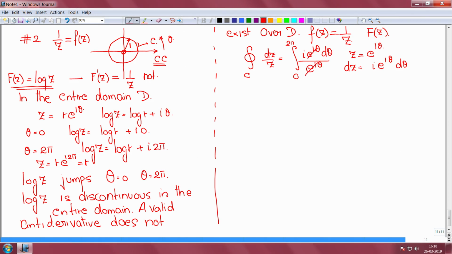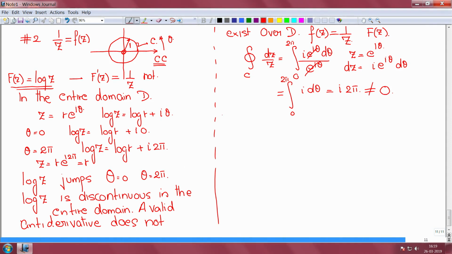So this is the integral from 0 to 2 pi of i d theta, which is equal to i times 2 pi, that is 2 pi i. So an integral over a closed contour is not equal to 0. Why? Because it does not have a valid antiderivative.